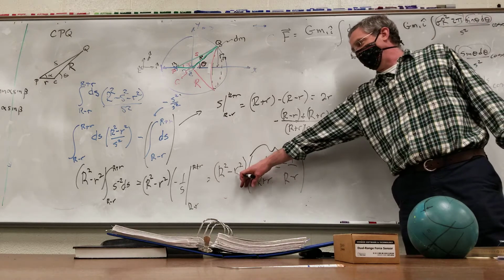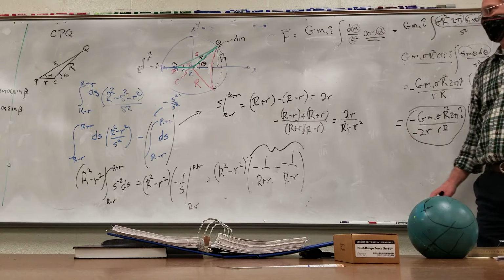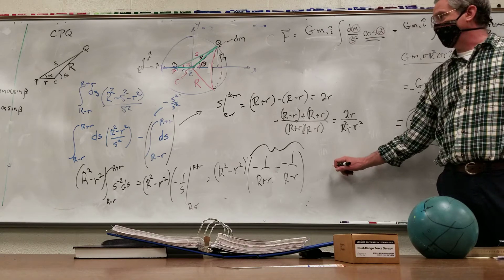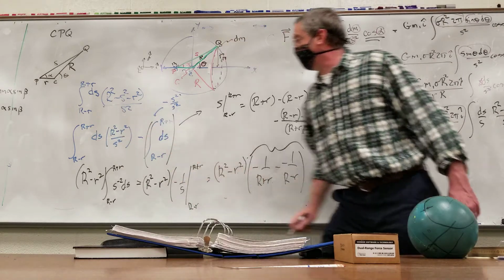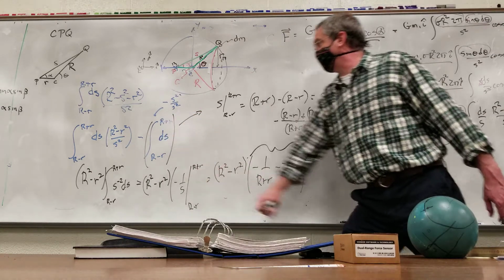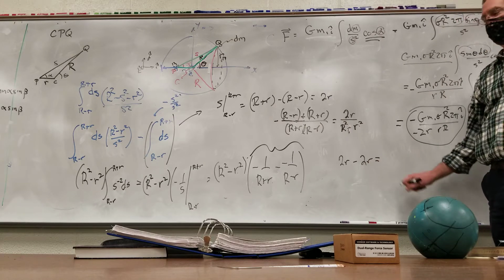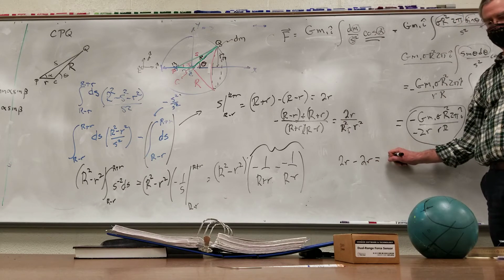When I have this sitting out front, that's going to cancel out with this denominator. And so what I'm left with is this first piece right here, which ends up just being 2r, minus the second piece right there, which is 2r, which is 0.